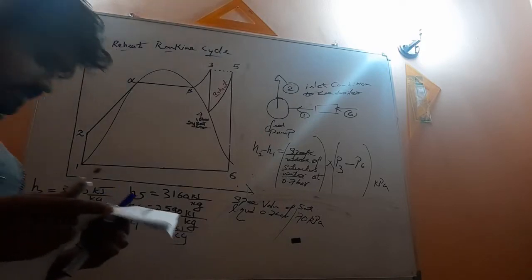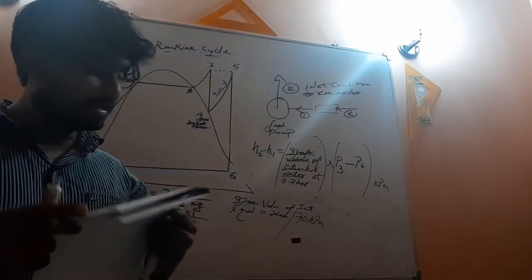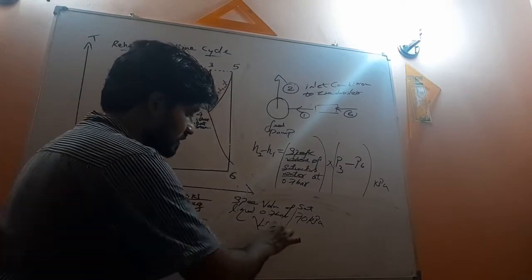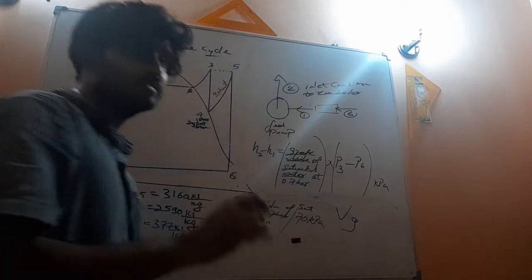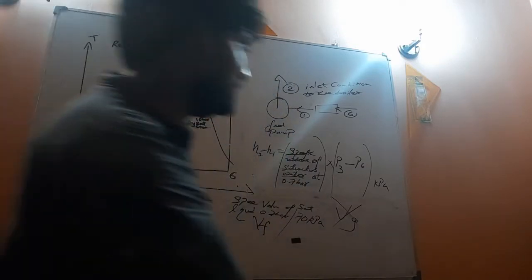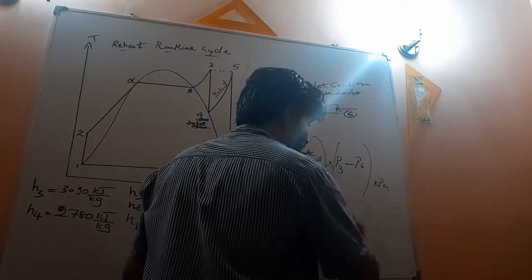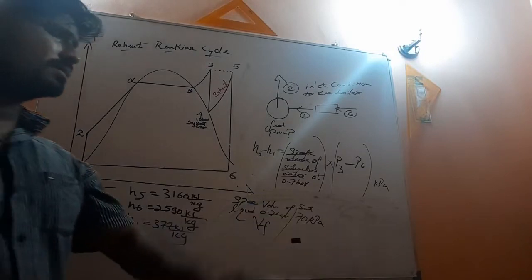In this chart I have the specific volume of saturated liquid, which is VF. Be very careful, it is not VG. VG is the specific volume of saturated steam. This is saturated liquid, so be careful when you refer to the chart, because it provides specific volume for both saturated liquid and vapor.